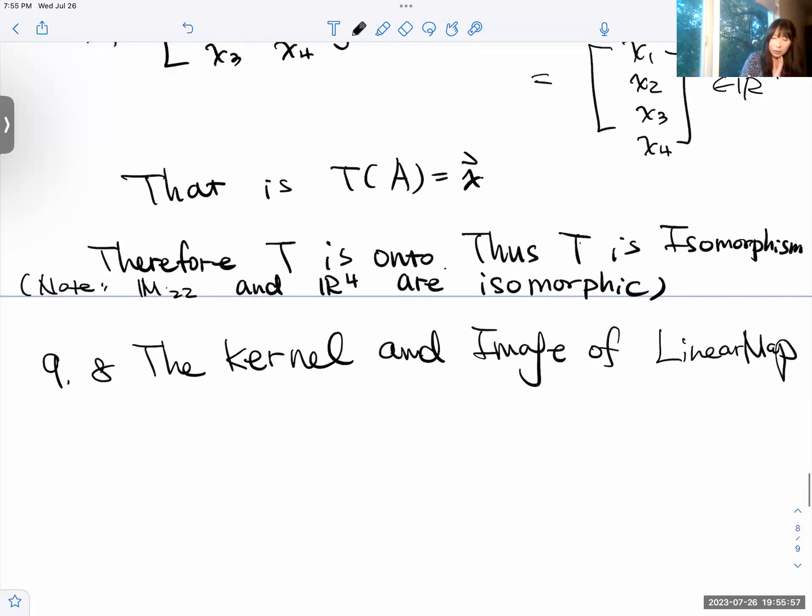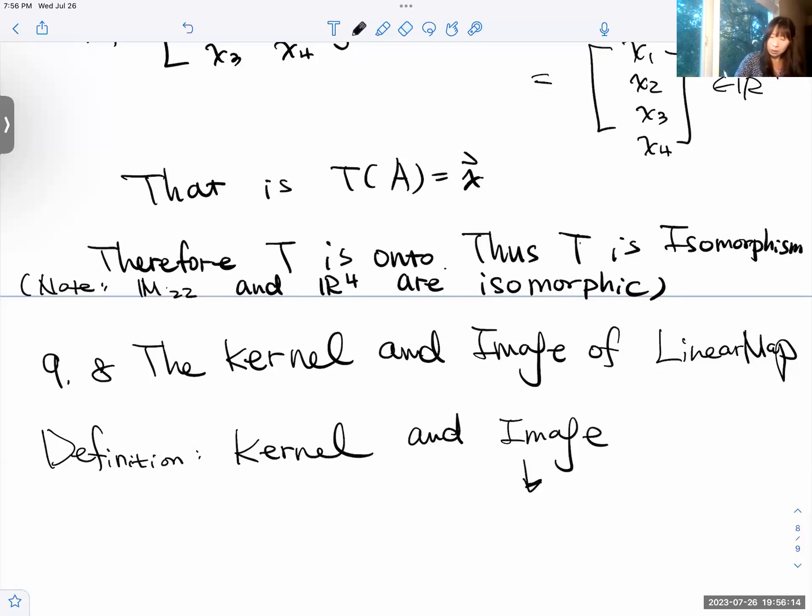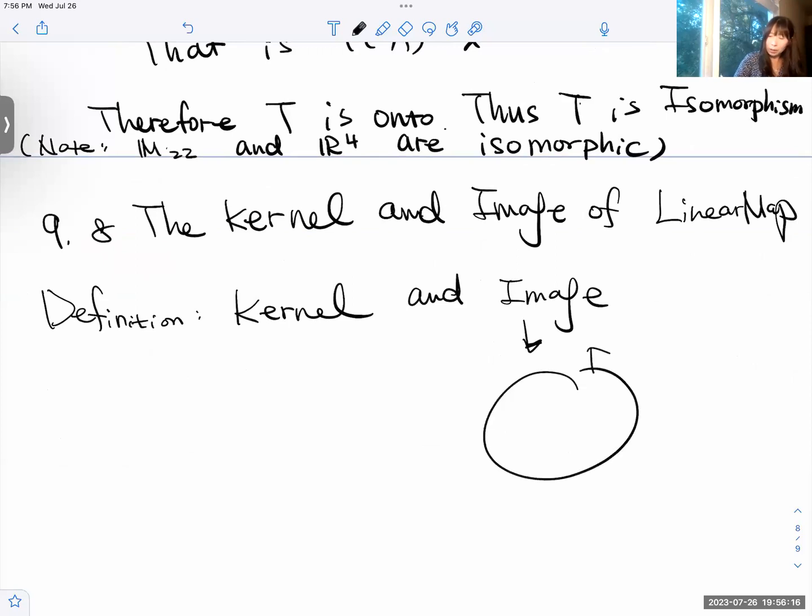We have a definition, kernel and image. And we talked about the image before. So for image, we have range, right? We know what a range is, all the y values. We talk about that, the codomain, right?